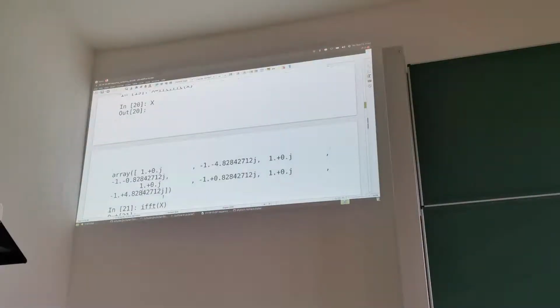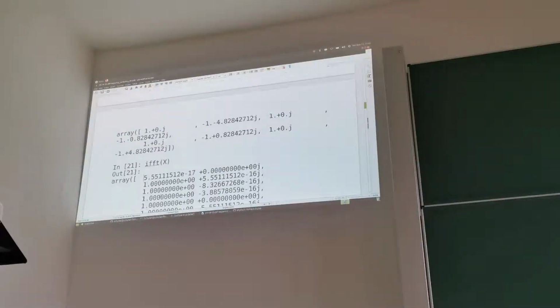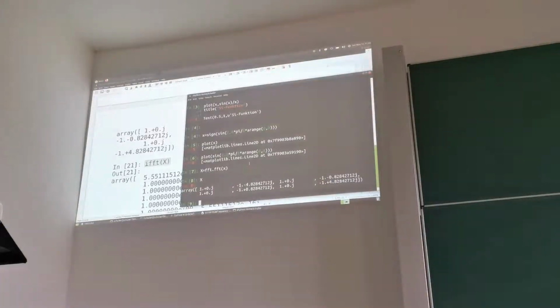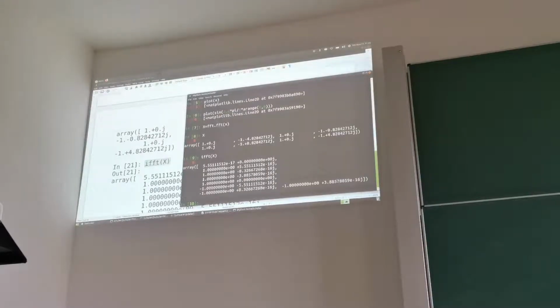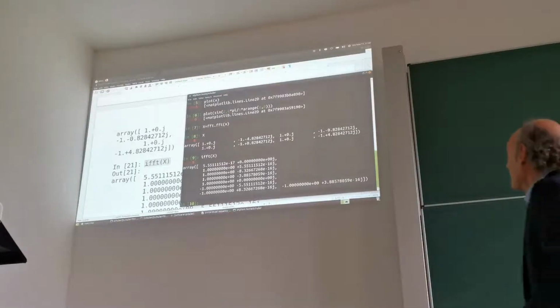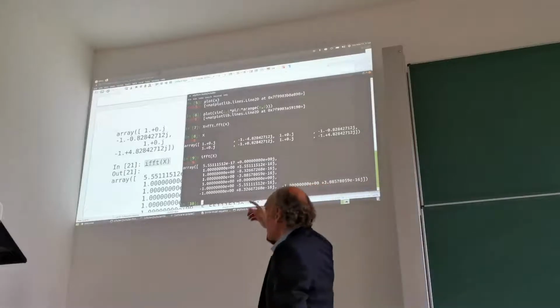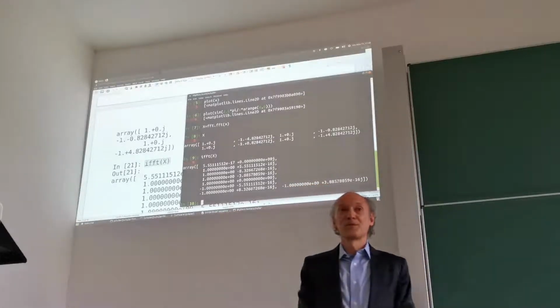So here you can see the result again. And now we can also apply the inverse FFT here. And this is the result. So why do we now have complex factors after the inverse FFT?